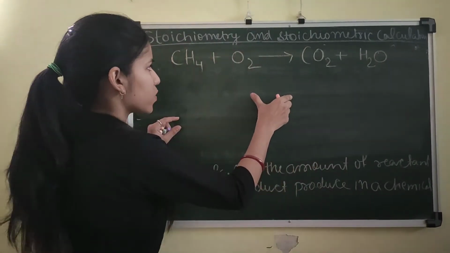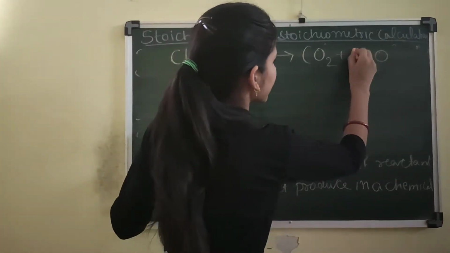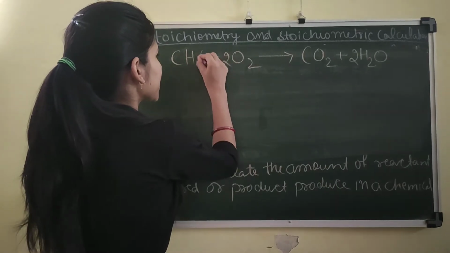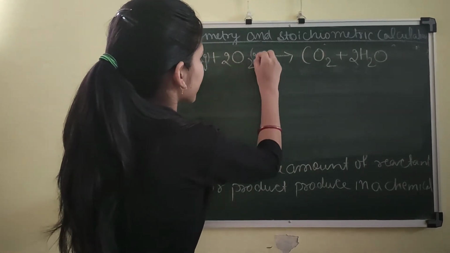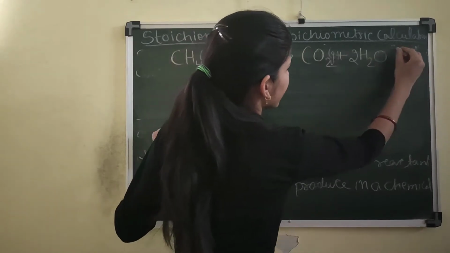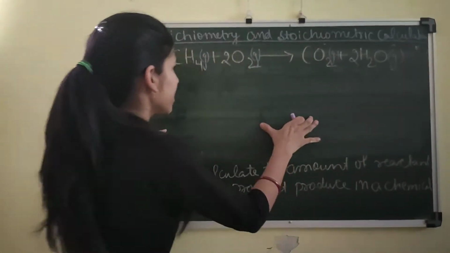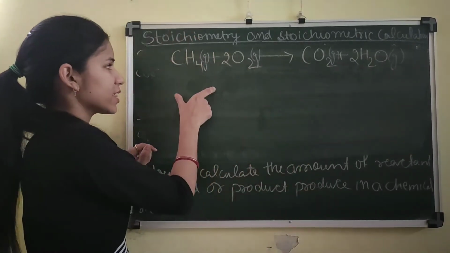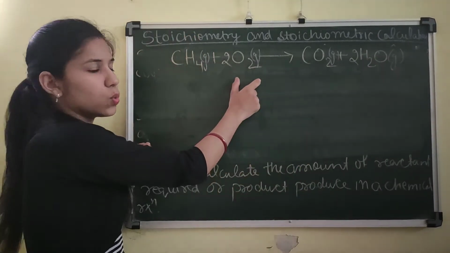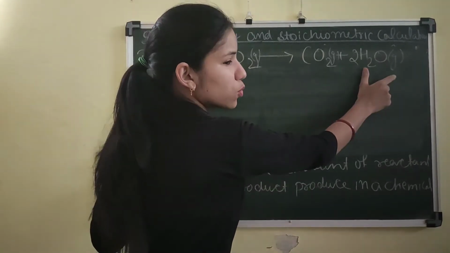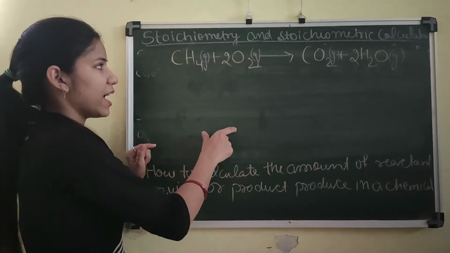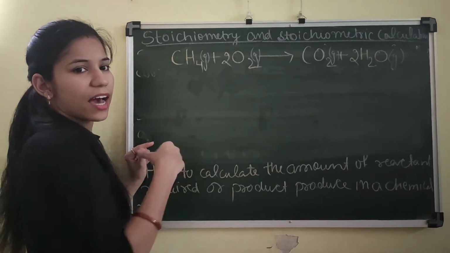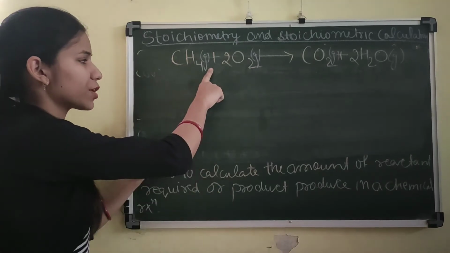When we balance this equation, there is a 2 for O2 and a 2 for H2O. The subscripts are g, g, g and g, which note that all the terms are gases. CH4 and O2 are the reactants and CO2 and 2H2O are the products, all of them gases, and this is denoted by g.